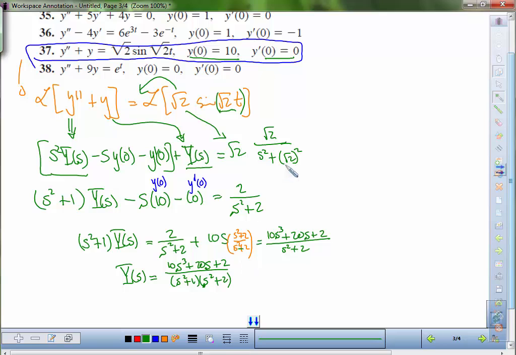I think that came from the square root of s squared. Is that right? So I think that's correct. Yeah, I think it's good.